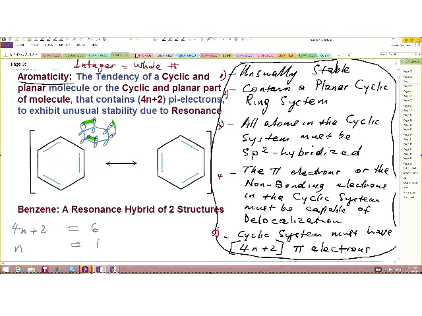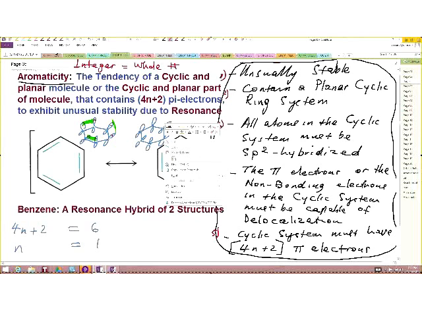On the other hand, this overlap will also be here.